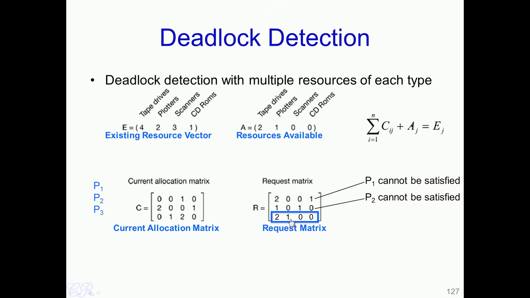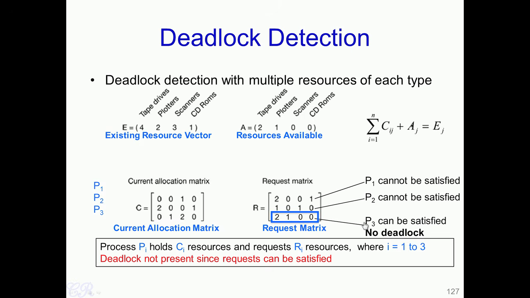And therefore, we see that all the requests can be allocated to process P3. Therefore, P3 can be satisfied and we do not have a deadlock over here. So, in this way deadlocks can be detected by the operating system based on the current allocation matrix and the request matrix.